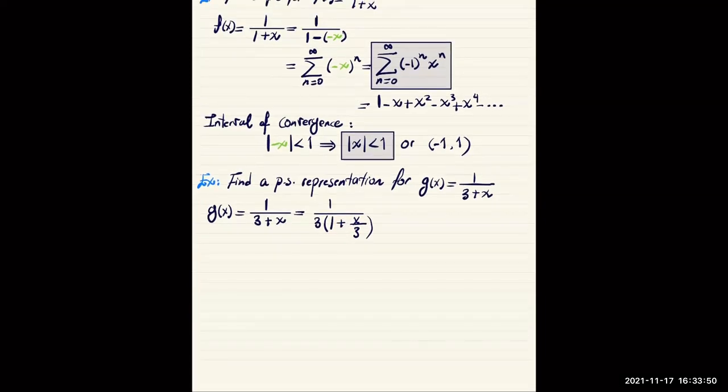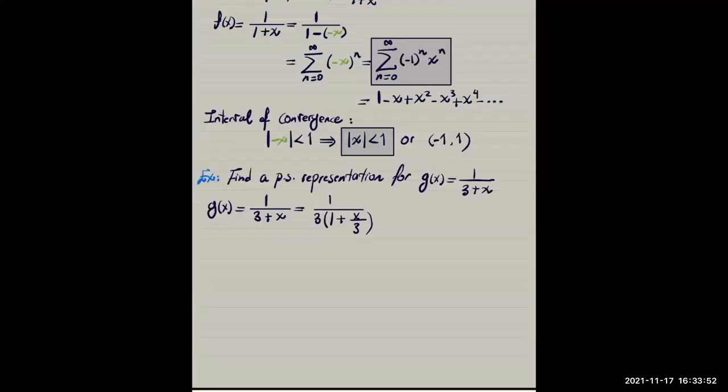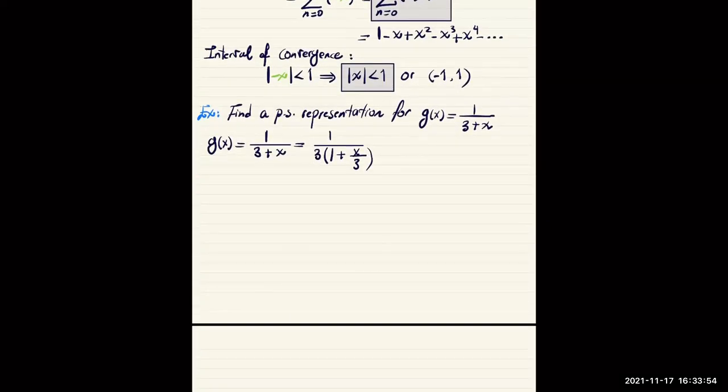I want to have a 1 minus u. So with the 1/3 in front, that fraction becomes 1 over 1 minus negative of x over 3. Now we have 1 over 1 minus u, and this is some constant in front.